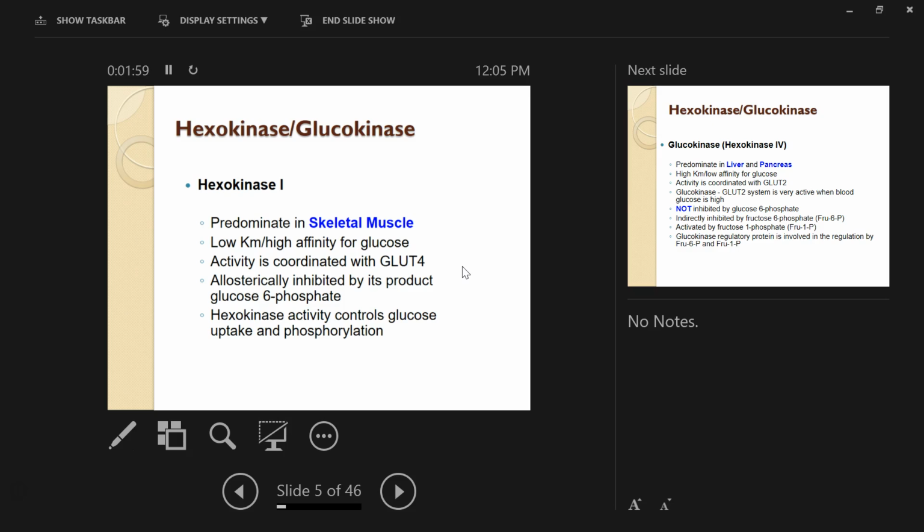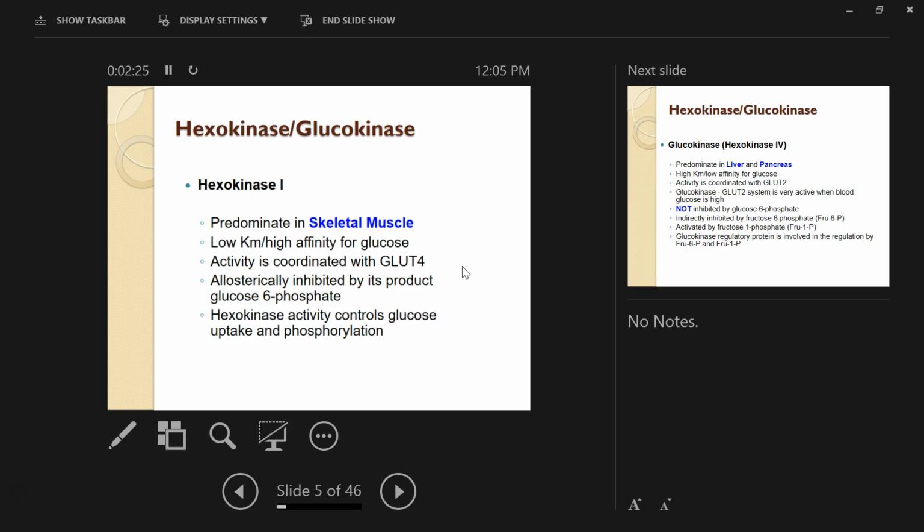For example, hexokinase, we basically had the lower Km and high affinity for glucose, and the hexokinase activity is coordinated with GLUT4. That means because the hexokinase is highly expressed in the muscle, right? And muscle, we know, also has high levels of GLUT4.